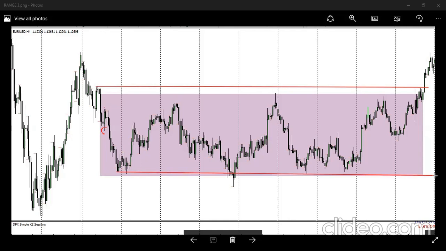Inside that range, you can see there is clear lower low, lower high, lower low, lower high, then higher high, higher low. So this one is a clear range, because you can see the clear structures inside.